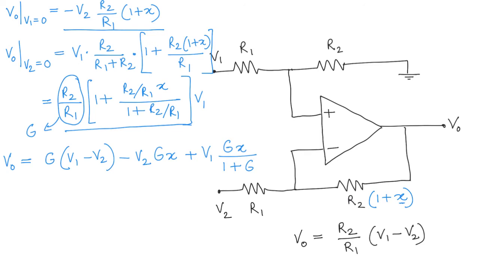Could we make a circuit where you have this R1 and this R2 fixed by a factory-made process so that they are exactly equal? And then we have one resistor that we can change to change this gain. Let's look at a circuit like that in the next video.